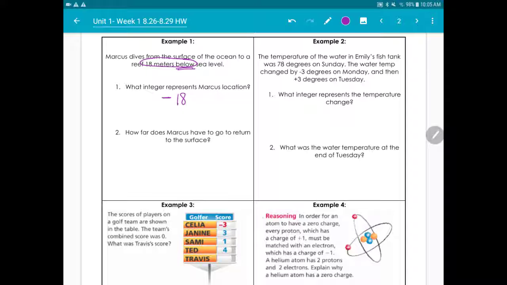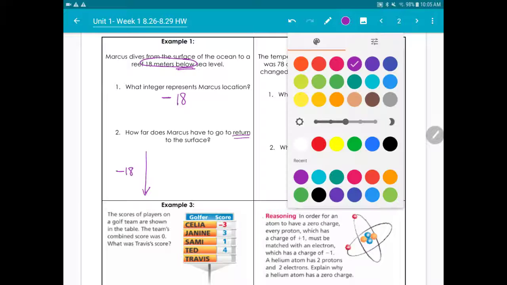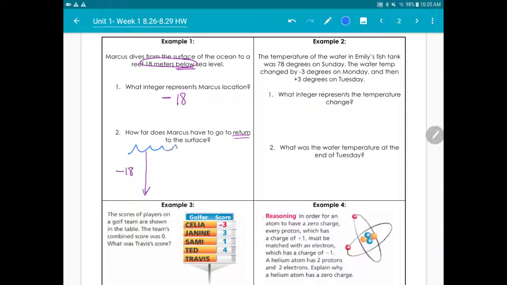Alright, so that means he went down 18. So how far does Marcus have to go to return to the surface? So if I drew a picture, and this is my ocean, and he went down 18, how much does he have to go to get back to the top? Alright, so think about our opposites.